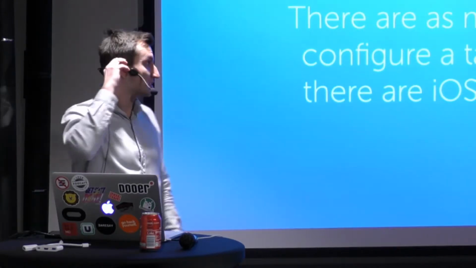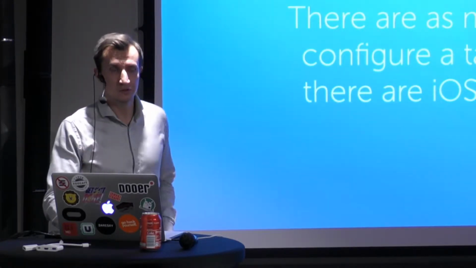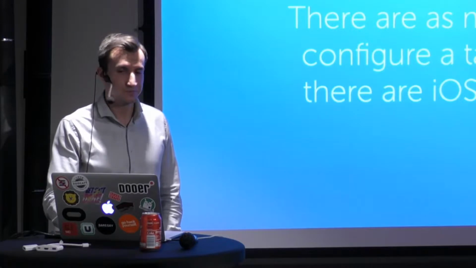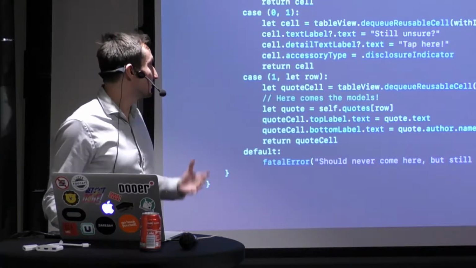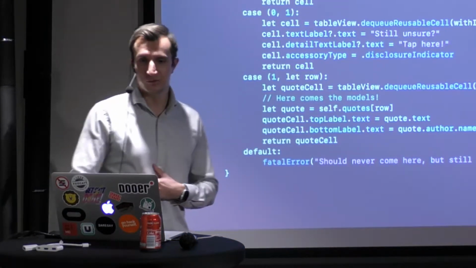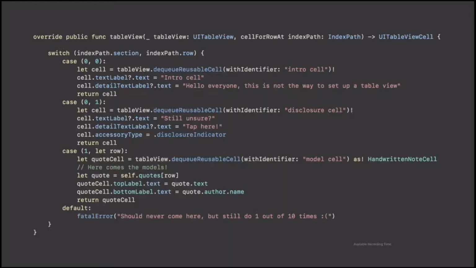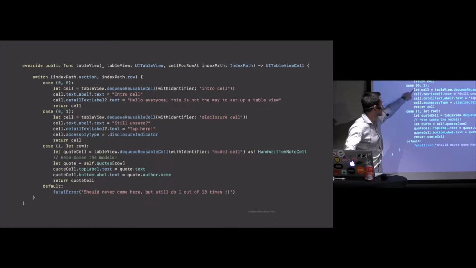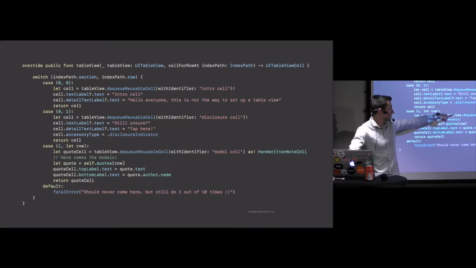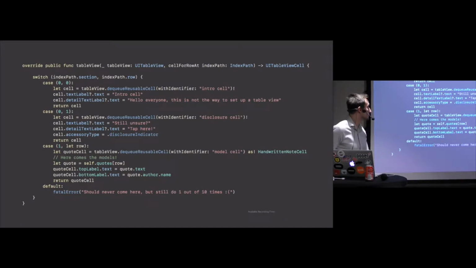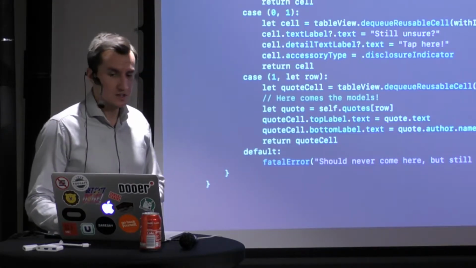All right, so this is sadly where UITableView falls flat. And I'm sure that you've all seen a TableView data source that looks like this, with a switch case. You look for section indexes and row indexes, and you do some magic there, some explicit wrapping of cell classes and stuff like this.